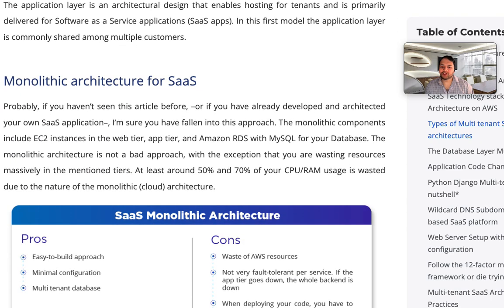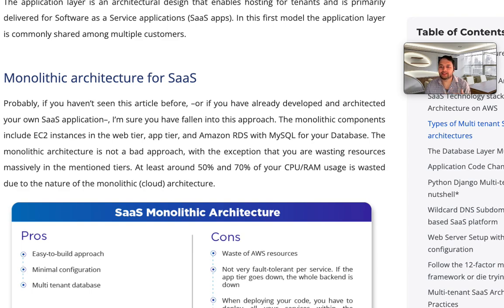So the monolithic architecture for SaaS is basically a common thing that you may fall into, where you build components and build a monolithic structure, including EC2 instances in the web tier, app tier, and the Amazon RDS with MySQL for your database. This monolithic architecture is not a bad approach, with the exception that you're wasting resources massively in the mentioned tiers. At least around 50 to 70% of your CPU or RAM usage is wasted due to the nature of the monolithic cloud architecture.